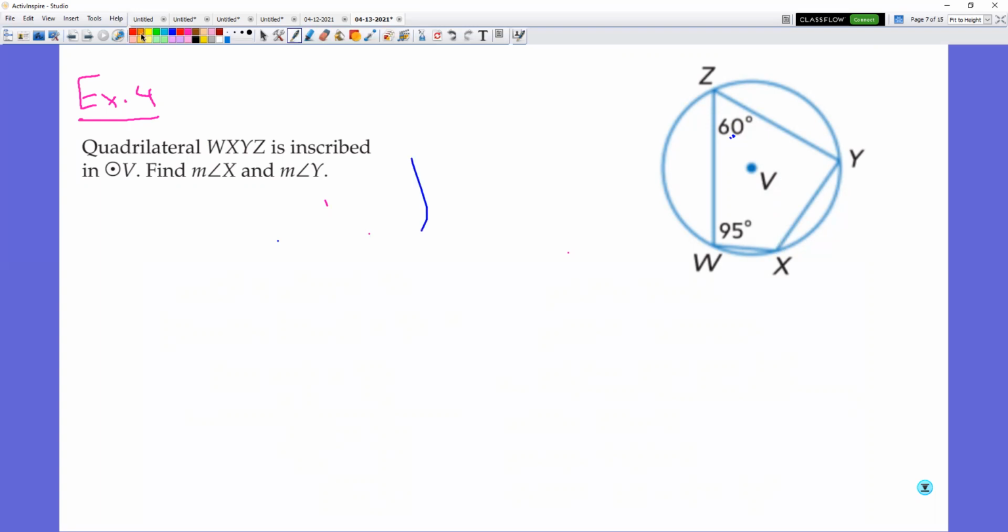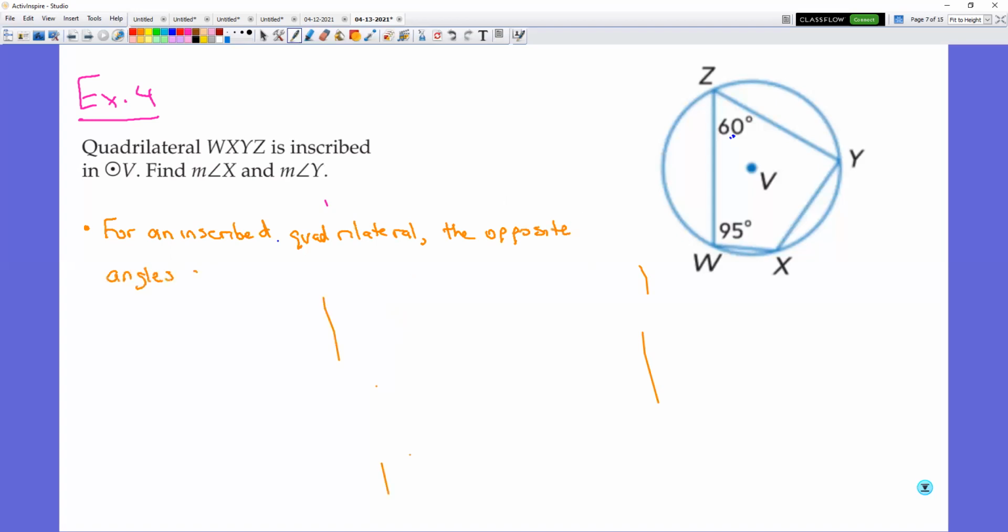So let me go ahead and make sure you write that rule: for an inscribed quadrilateral, the opposite angles are supplementary.